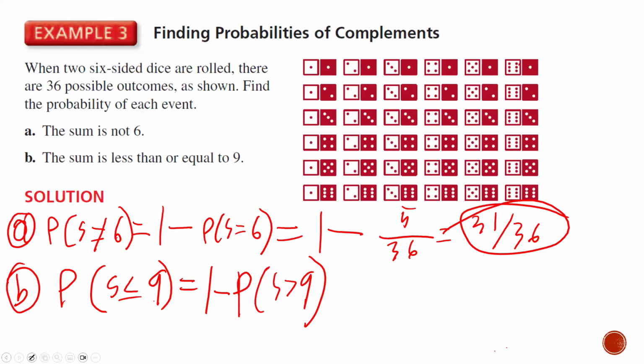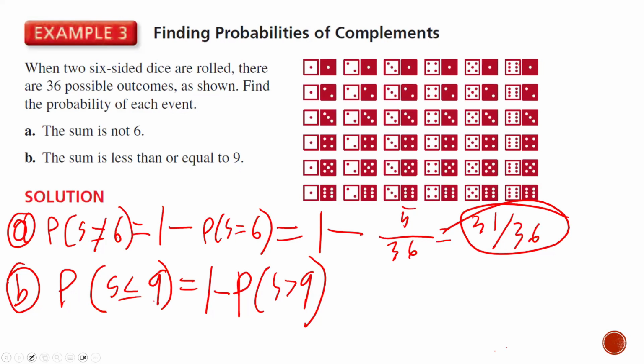One thing you want to be careful about is that when you do complements that involve or equal to, you have to leave it out when you flip it over. Because the sum being less than or equal to 9 is not the opposite of being more than or equal to 9, because being equal to 9 would be in both of those compound events. You guys feel me on that one?